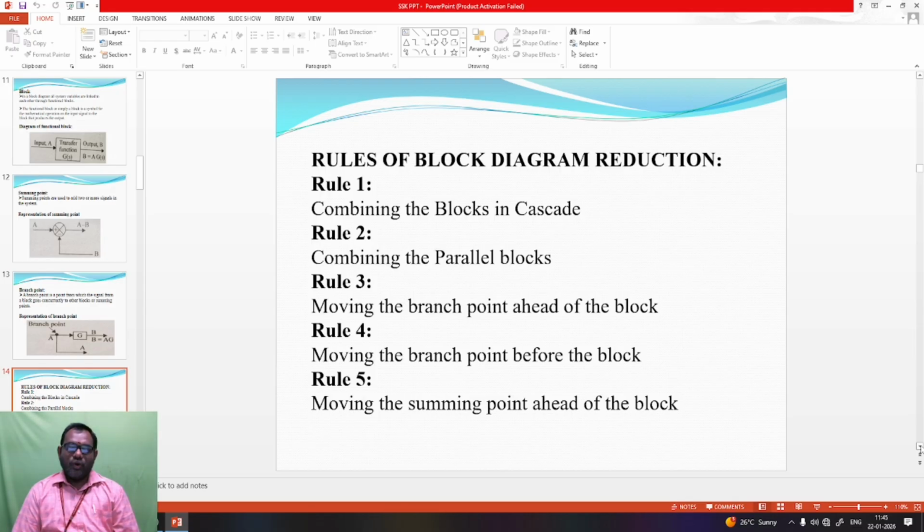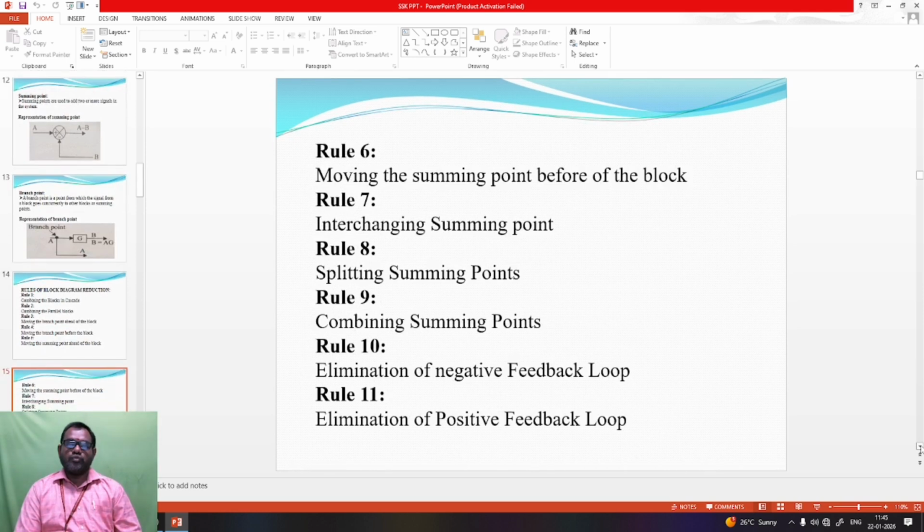Then rule 5 is moving the summing point after the block or ahead of the block. Similarly to the branching point, which we move after the block and before the block in rules 3 and 4, rule number 5 moves the summing point after the block, and rule number 6 moves the summing point before the block. Then rule number 7 is interchanging of summing points.